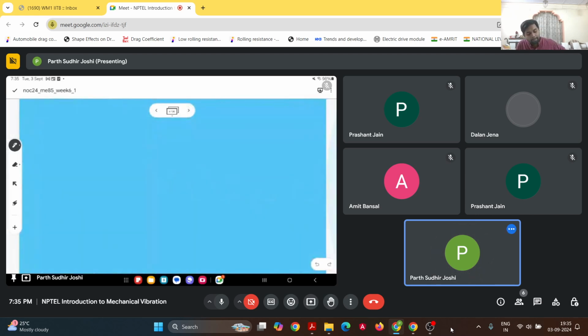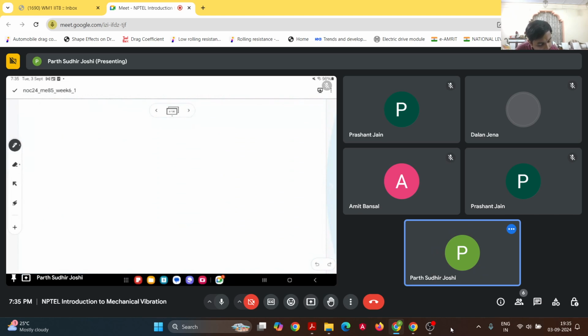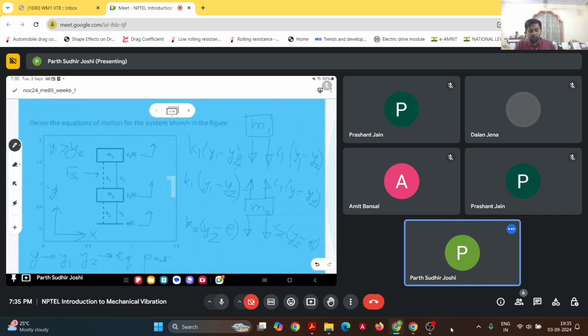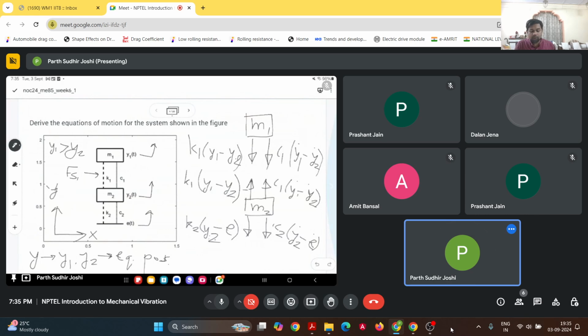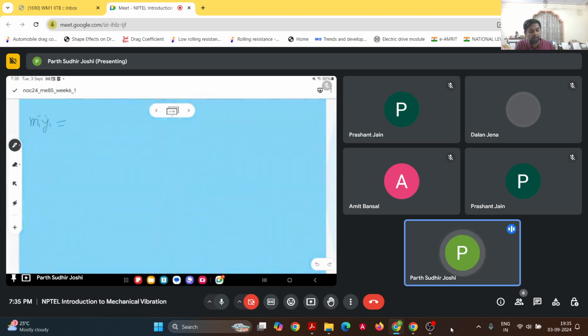So M1 y1 double dot will be the net external force acting on the mass M1, which will be the spring force and the damper force, but both are in downward direction.